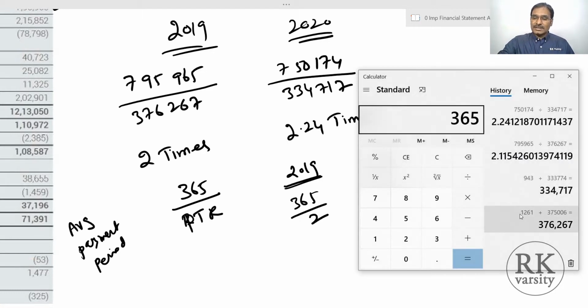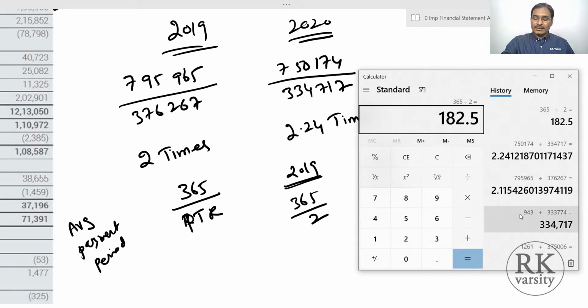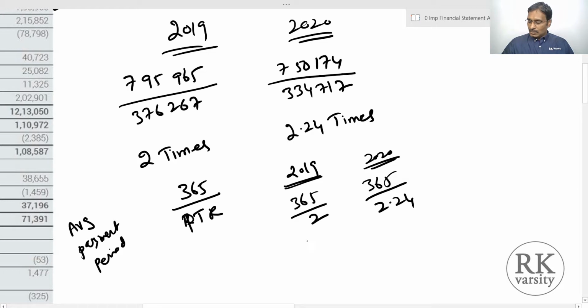So 365 upon 2 is 182 days, and 365 upon 2.24 is 162 days, or we can say 163 days.